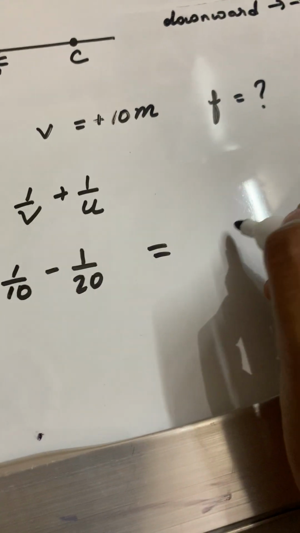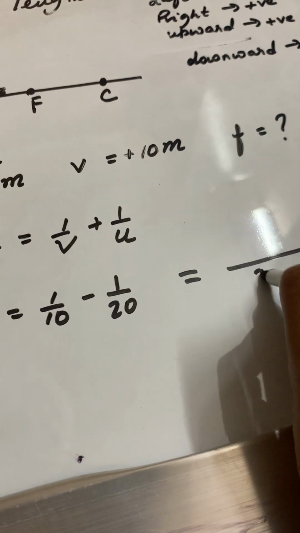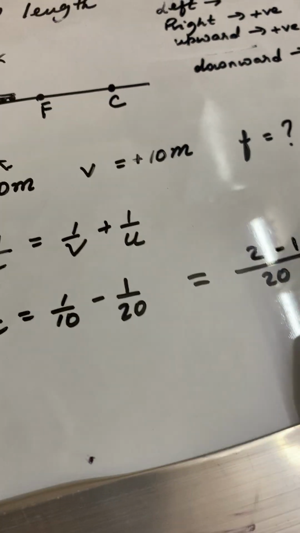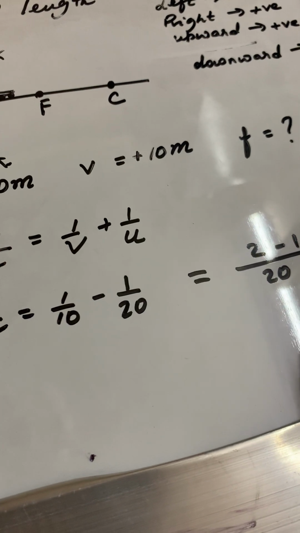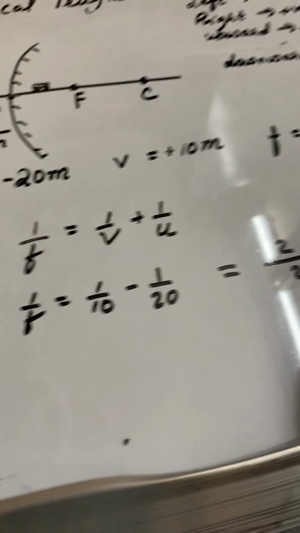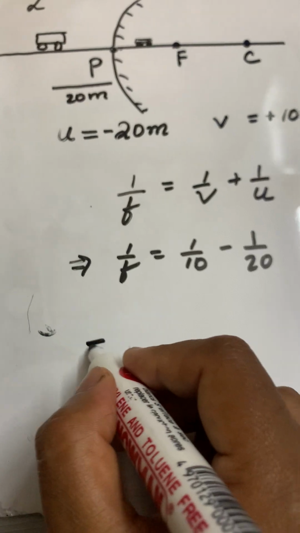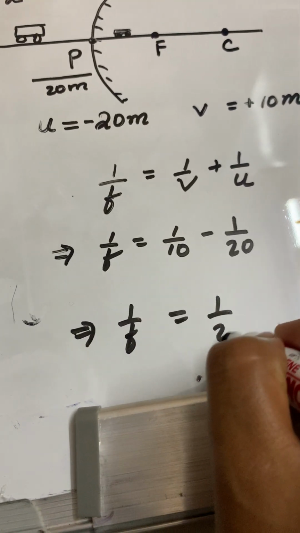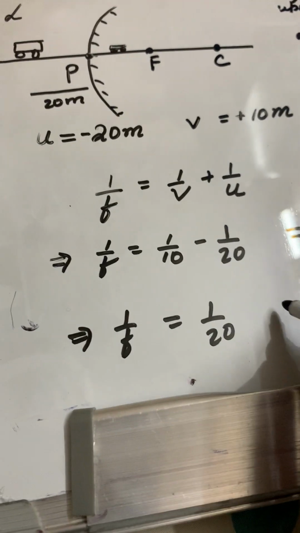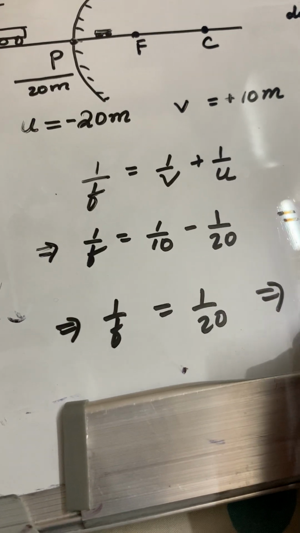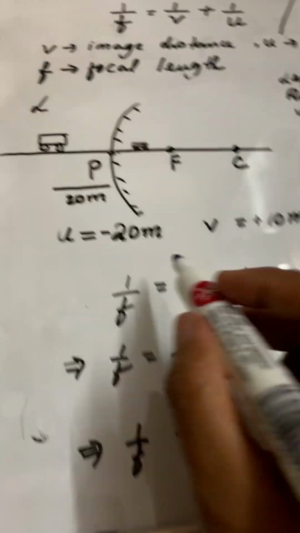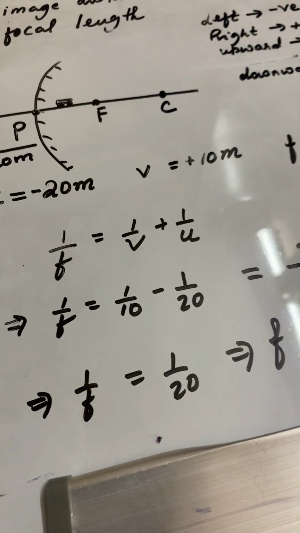Then if I take the LCM of 20 and 10, which is 20, this is 2, this is 1, and this is 1 by 20, right? Then 1 by F is equal to 1 by 20. Now if I do the cross multiplication, the focal length is plus 20. It's in meter, so this is 20 meter.